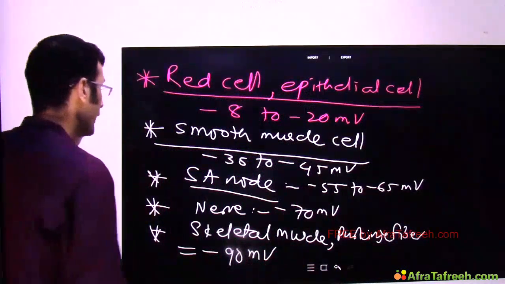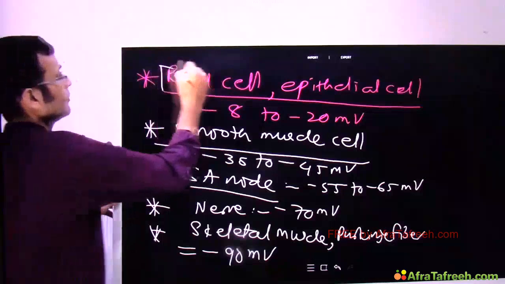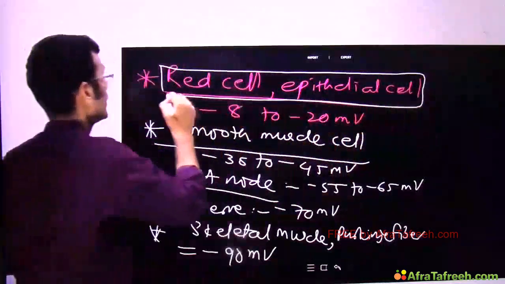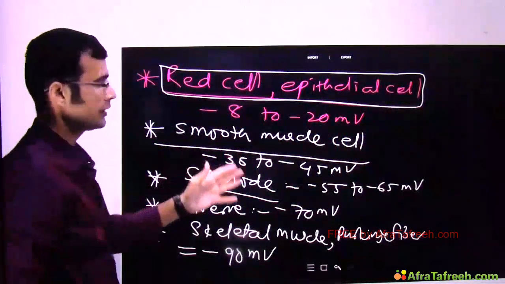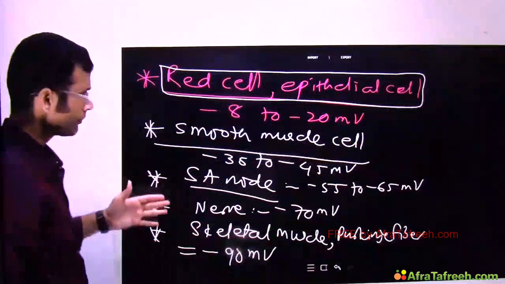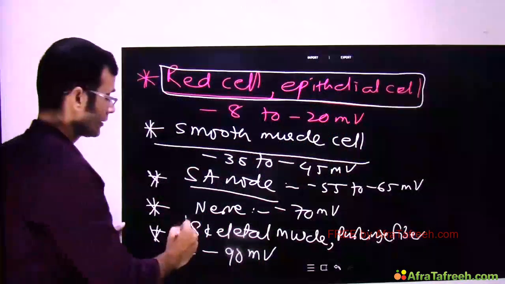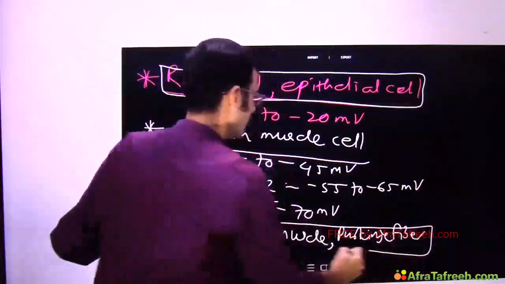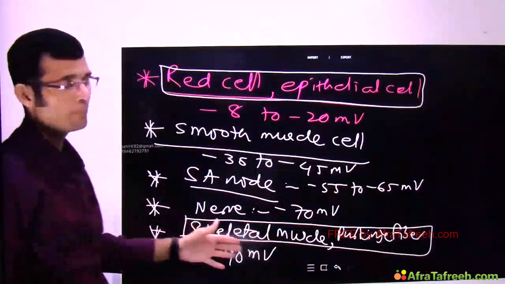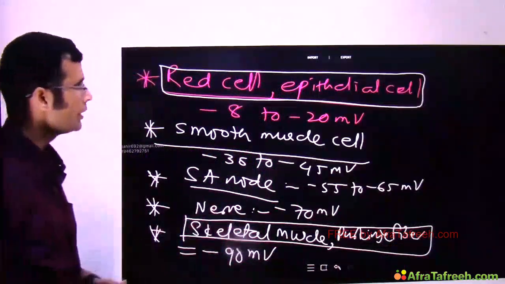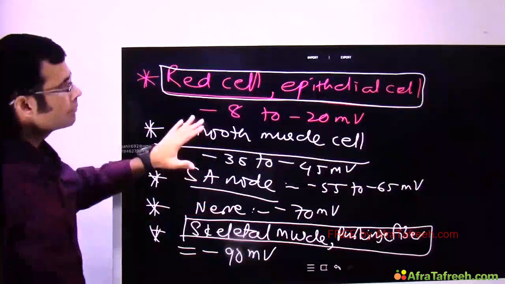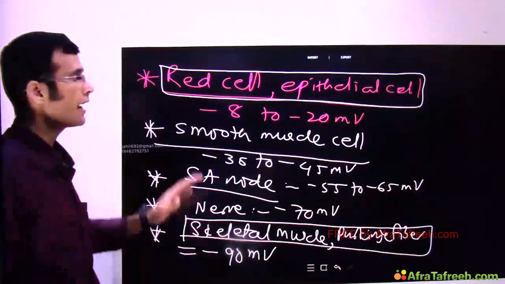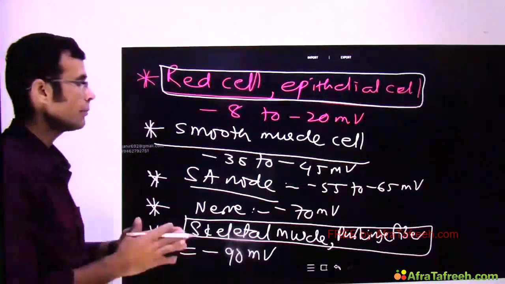So this is the range, starting from RBC or epithelial cell, for which the membrane potential is less negative, to skeletal muscle or Purkinje fiber, at -90 millivolts. But basically all cells have this negative potential on their membranes.